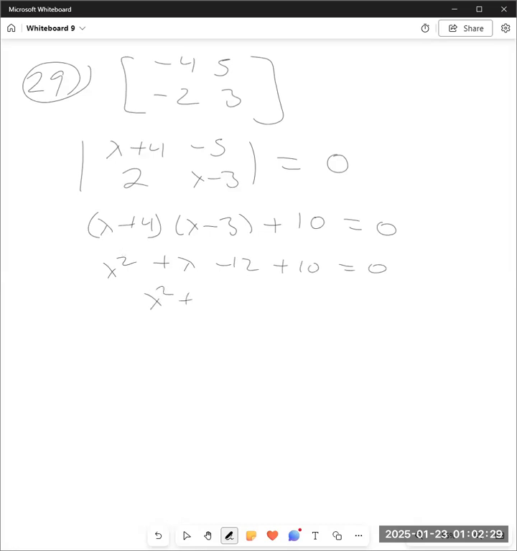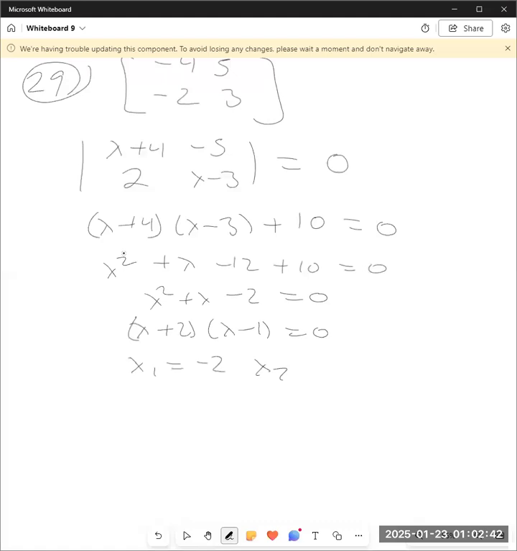So lambda squared plus lambda minus 2 equals 0. Lambda plus 2 times lambda minus 1 equals 0, giving me lambda 1 as -2 and lambda 2 as +1. So all they wanted you to do was find those lambda values, those eigenvalues.